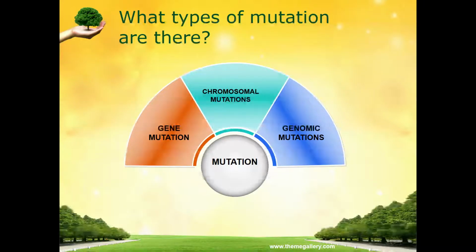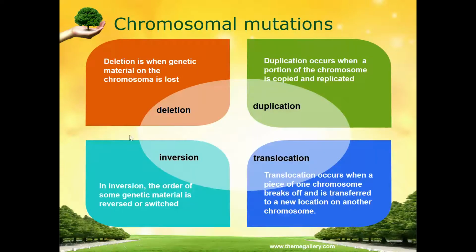Another type of mutation, depending on the extent of the material affected by the mutation, is called chromosomal mutation. Deletion, duplication, inversion, and translocation are the 4 types of chromosomal mutation. Deletion is when genetic material on the chromosome is lost. If a significant amount of genetic information is lost, the mutation is likely lethal.